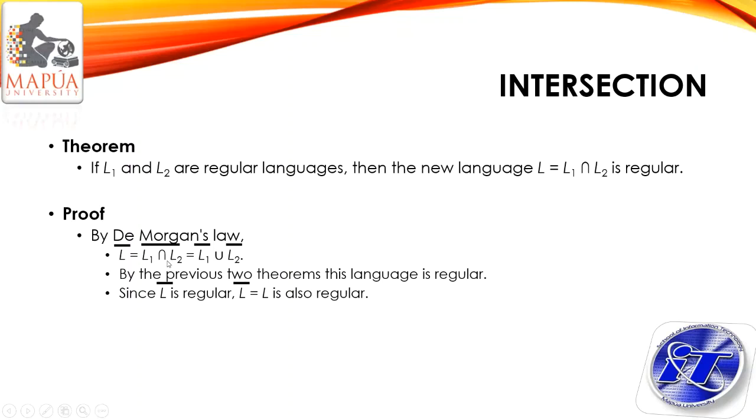Intersection will become union, and we separate the complements. We know that the complement of a regular language is regular, and a regular language union a regular language will definitely be regular. So the complement of L is also regular.